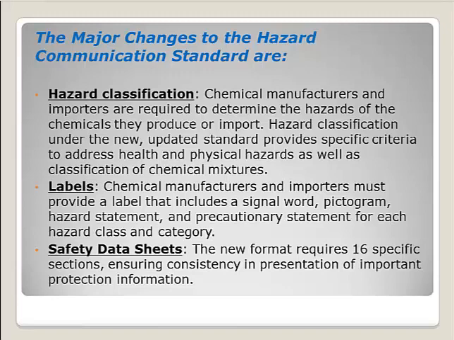Labels: chemical manufacturers and importers must provide a label that includes a signal word, pictogram, hazard statement, and precautionary statement for each hazard class and category. We'll discuss labels in a little more detail a little later on, because that is a major change to the standard, and there are a lot of differences in what you will see on labels going forward.